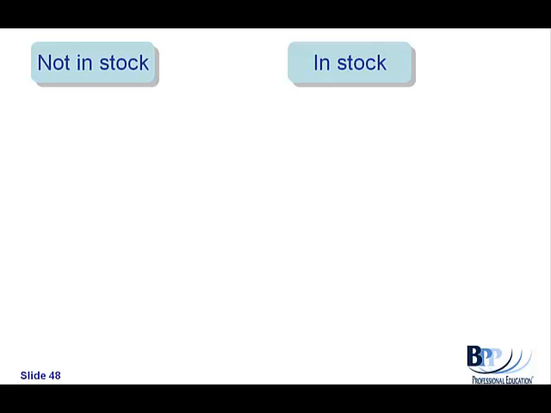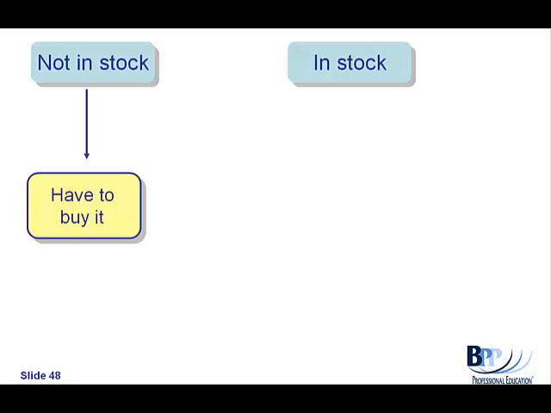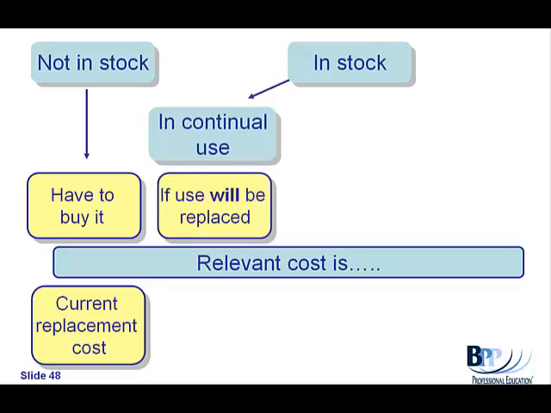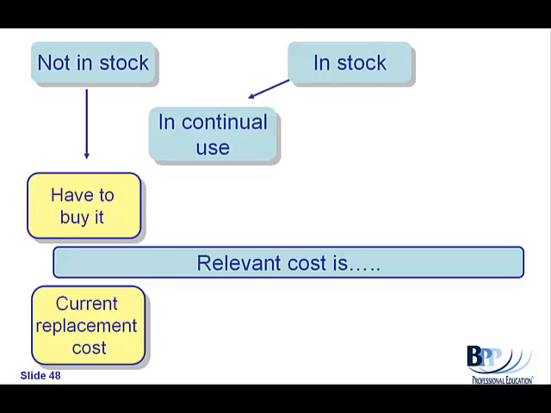The first question that we need to ask ourselves is whether or not that cocoa is in stock. Now, if it's not in stock, we've got to go and buy it, and therefore the relevant cost is just that current replacement cost, the current purchase price, whatever we've got to go and pay for that cocoa. Now, if the cocoa is in stock, we need to understand a little bit more about it. We need to know whether it's in continual use.